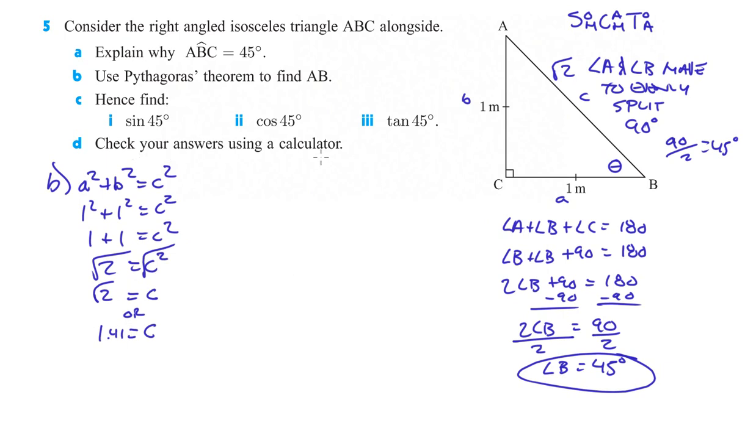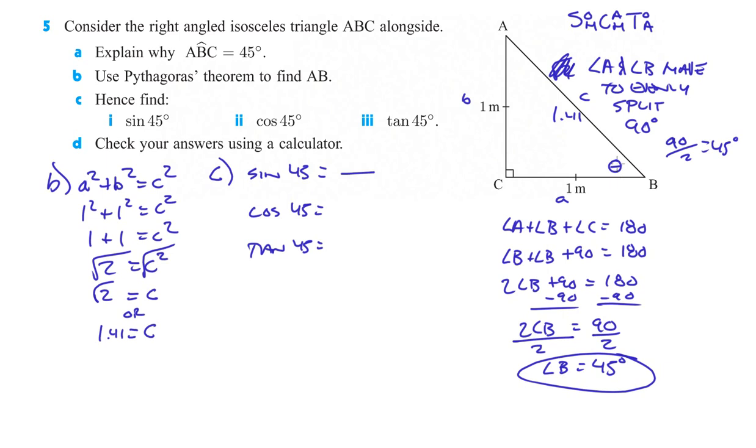Since we're going to check our answers using a calculator, let's leave that as 1.41. So hence find the sine of 45. Part C, sine 45, cosine 45 and tangent of 45. Sine is opposite over hypotenuse. It really doesn't matter which angle, because the opposites and adjacents are going to be the same.